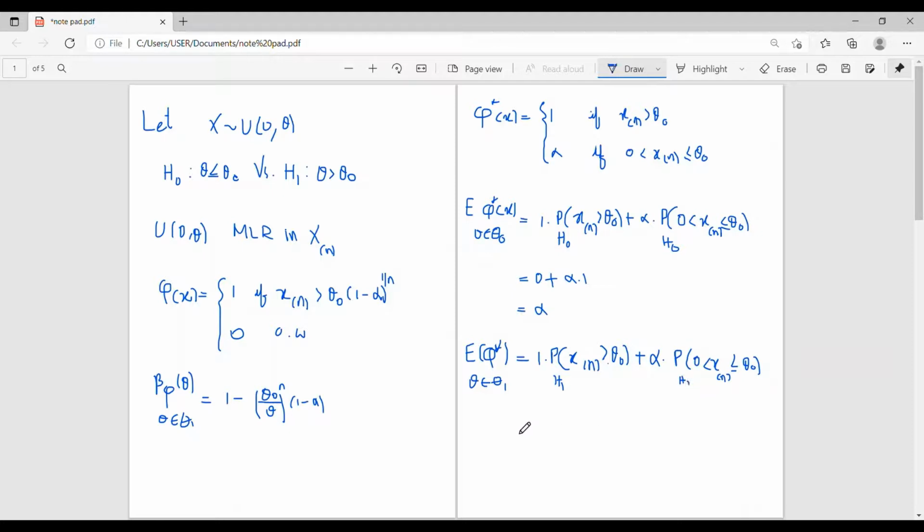The first probability is the integral from theta naught to theta.